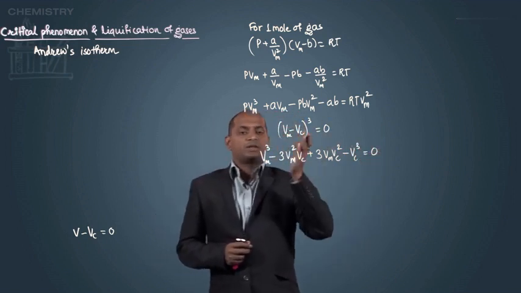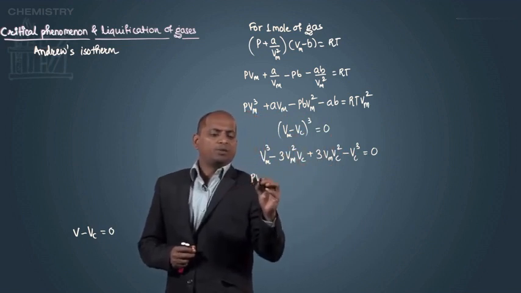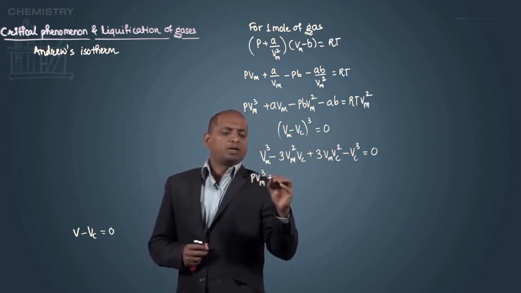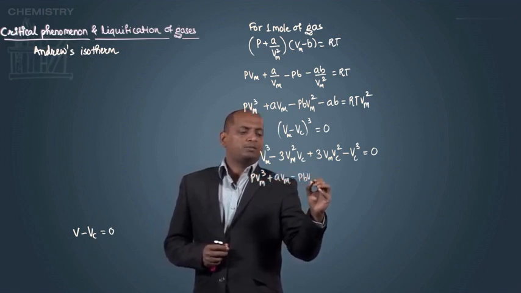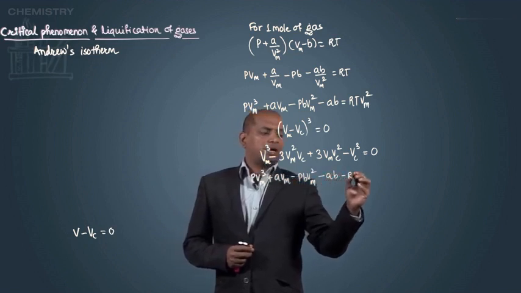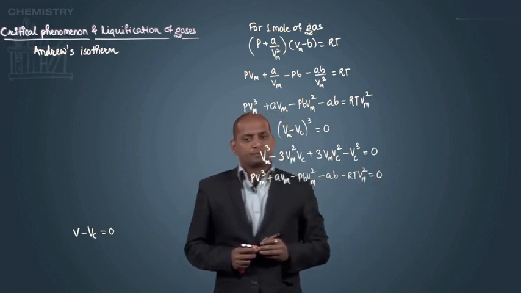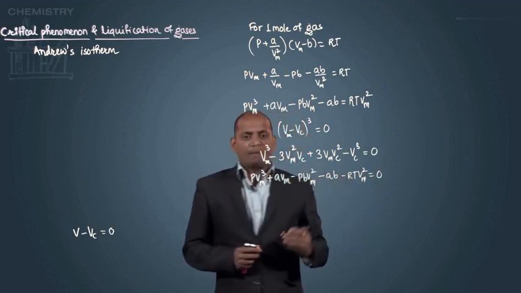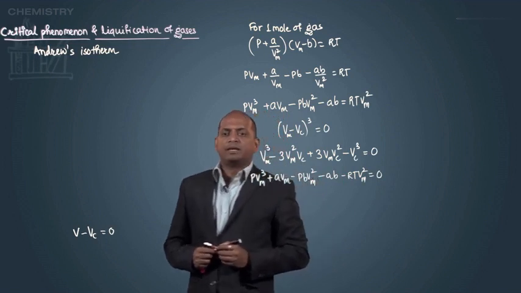Now, the other equation, if I simplify and write in a similar fashion, I will get PVm cube plus aVm minus PbVm square minus ab minus RTVm square is equal to 0. Now, if we compare these, we can get the various relations.